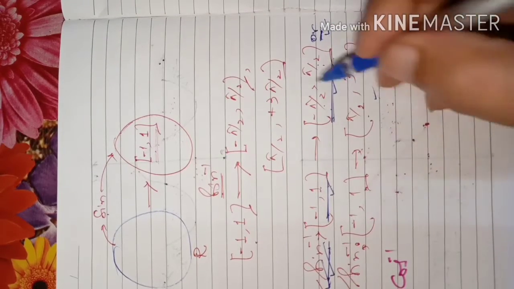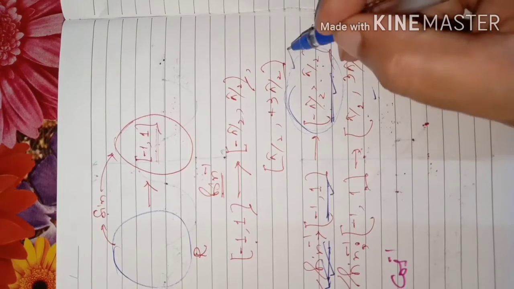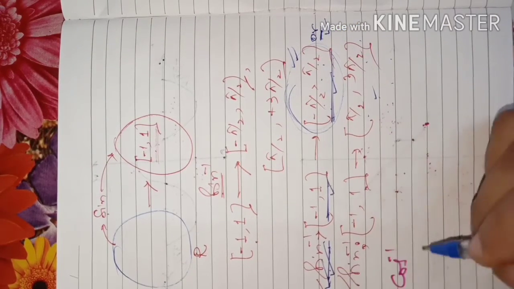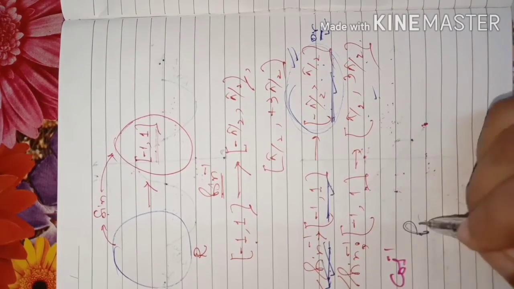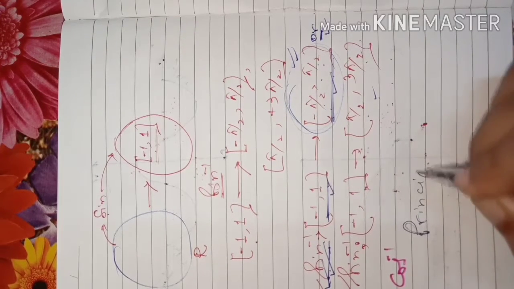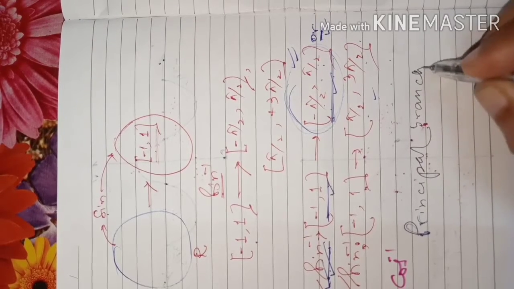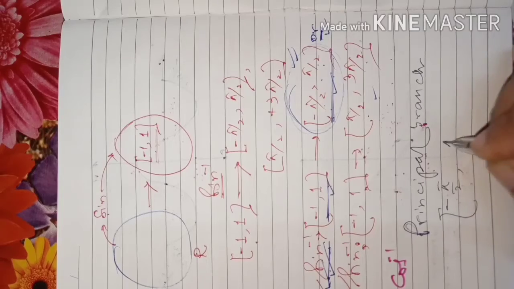So now you see, this range is called the principal branch of the sine function. You have learnt about the principal branch. What is the principal branch of the sine function? For the sine function, the principal branch is -π/2 to π/2.